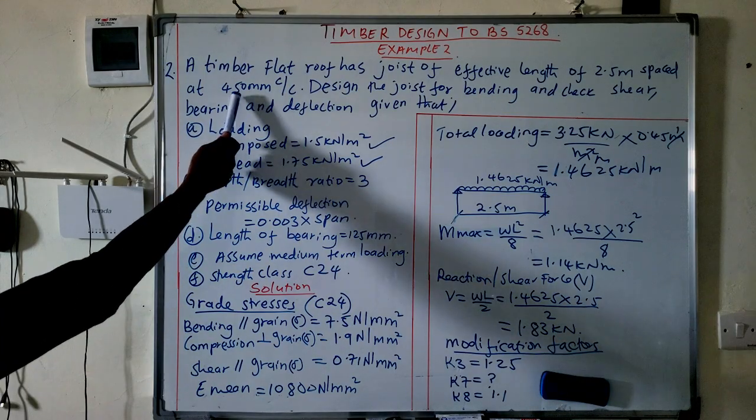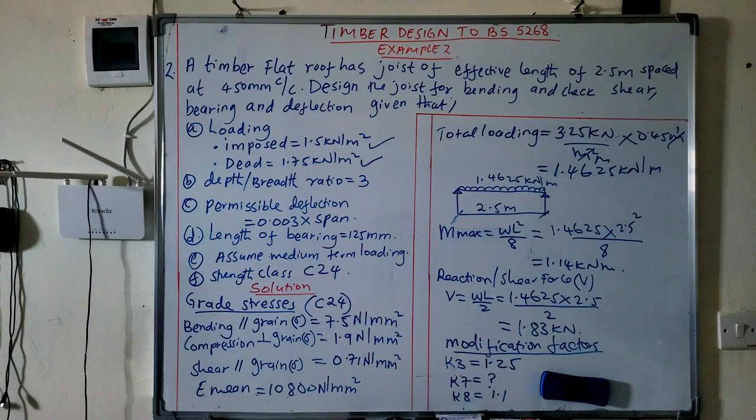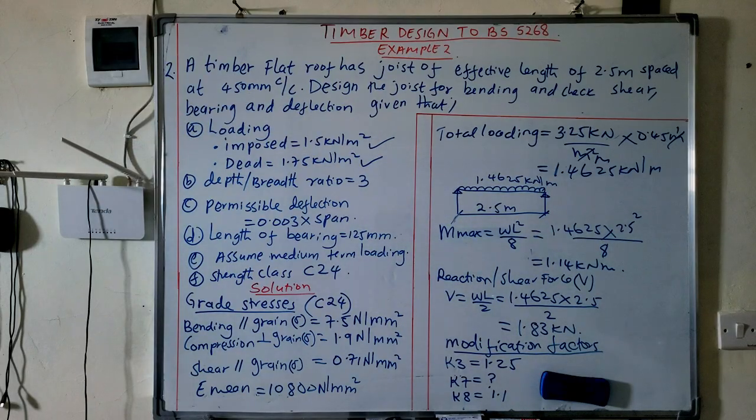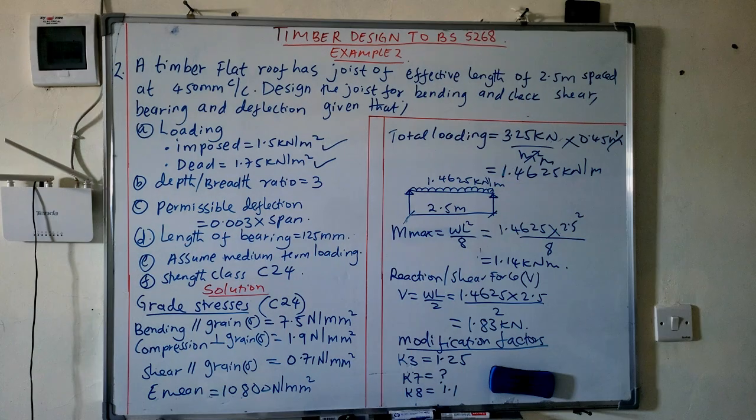As you can see, the spacing of our case is 450 millimeter, so it means it's below 610 millimeter center to center. So we will use E mean. But if the spacing is above 610 millimeter center to center, we will use E minimum.